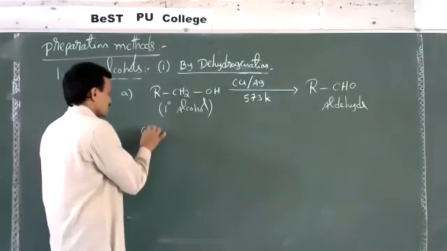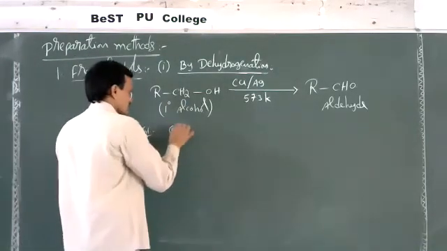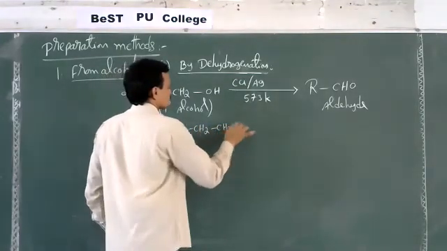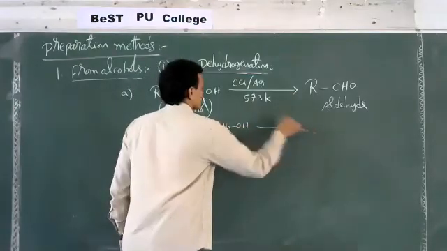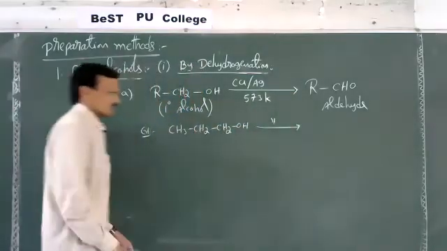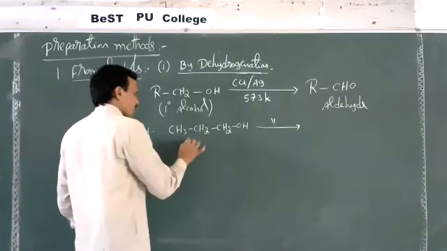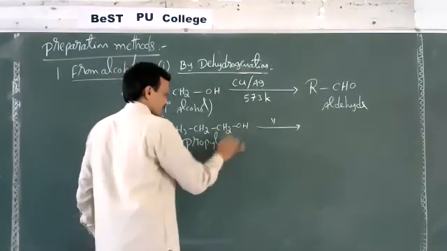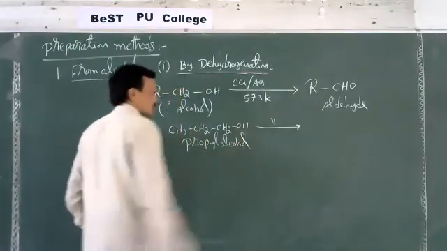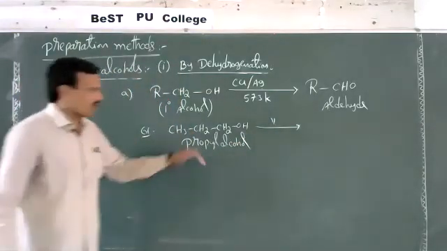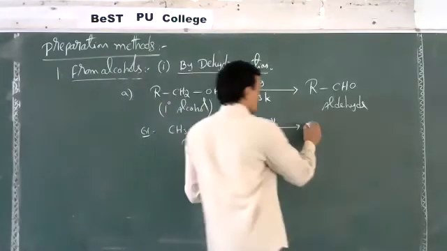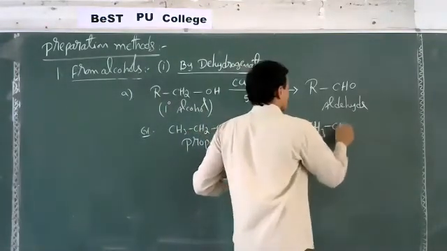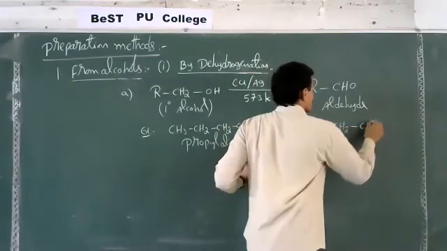Same example I am going to take here. I'll take another example: CH3, CH2, CH2OH. The reagent is the same. What is this? A propyl alcohol. So propyl alcohol on dehydrogenation, on removal of hydrogen, you can get CH3, CH2, CHO.